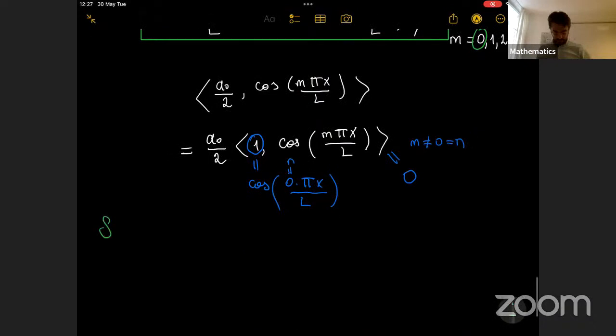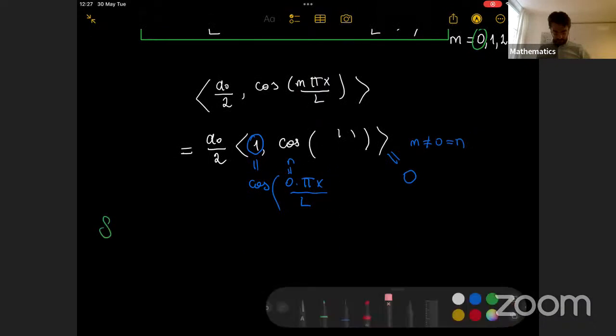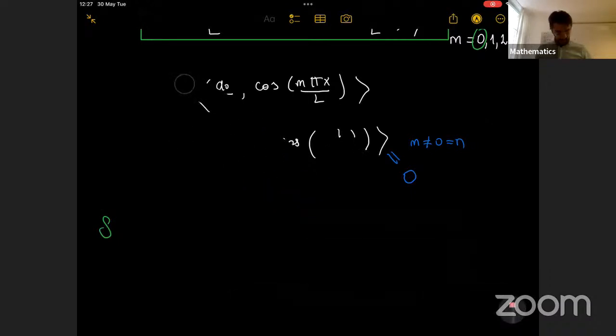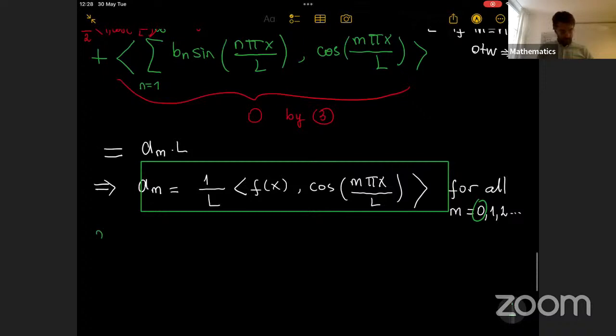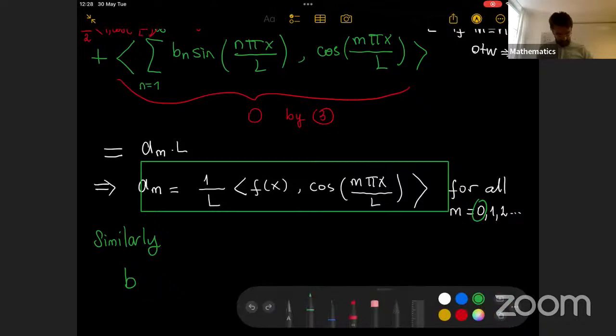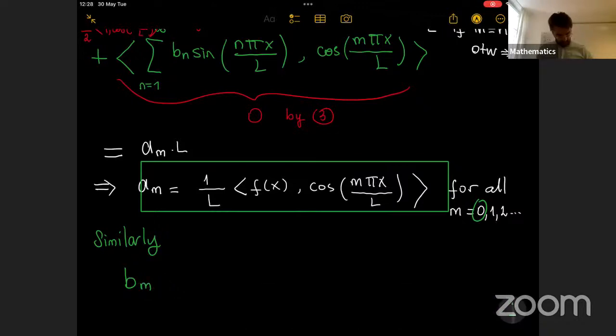So similarly, bn or bm, n or m, it doesn't make any difference, but let's be consistent. bm is equal to, now instead of cosine, you take the inner product with sine, like in the previous one.